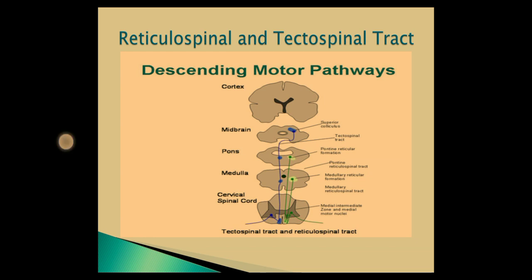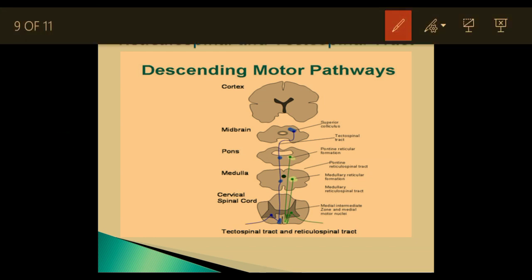This reticulospinal tract originates from the pontine nucleus. The tract originating from the pontine nuclei descends downward on the same side, and most of the fibers which take origin from the medullary reticular nuclei also descend on the same side, but a few fibers cross to the opposite side.